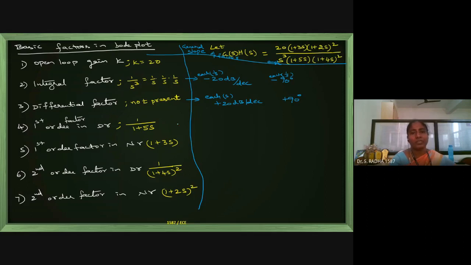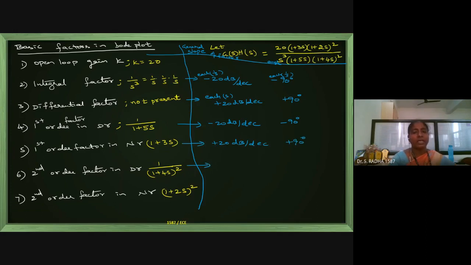Now coming to first order factor in denominator, it will give again minus 20 dB per decade slope and minus 90 degrees phase angle. First order factor in numerator will give plus 20 dB per decade slope and plus 90 degrees phase angle.